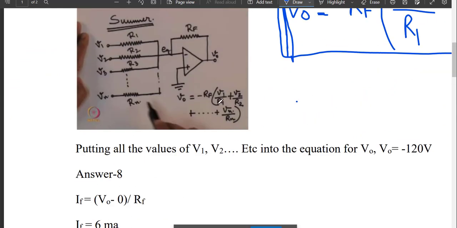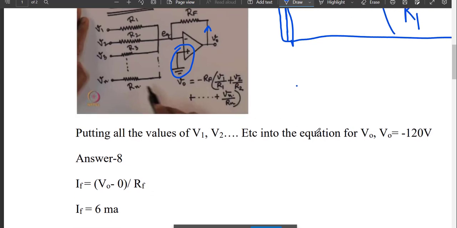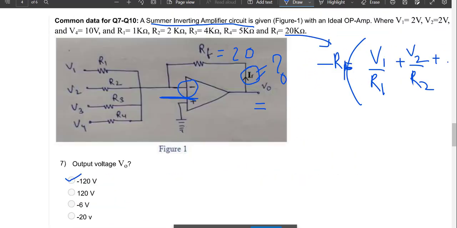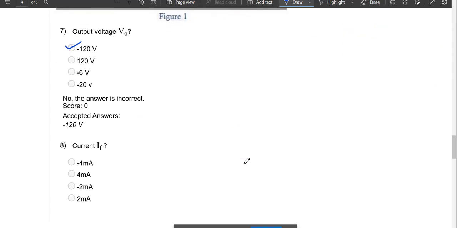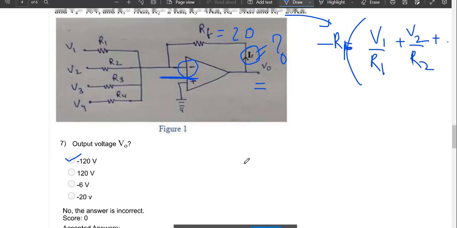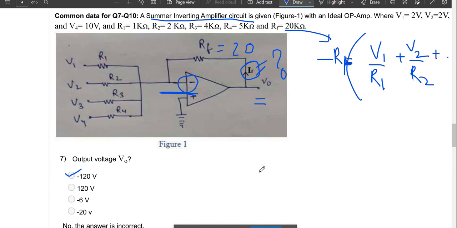So here, how much current will be flowing through this? It is V0 minus 0, since this is grounded, right? So V0 minus 0 upon RF. How much RF will be? Minus 120 divided by 20, right?